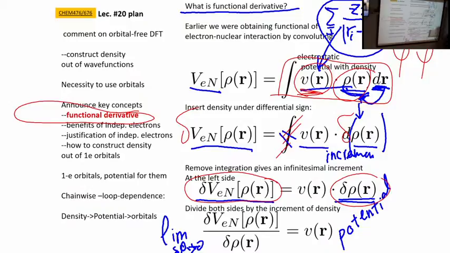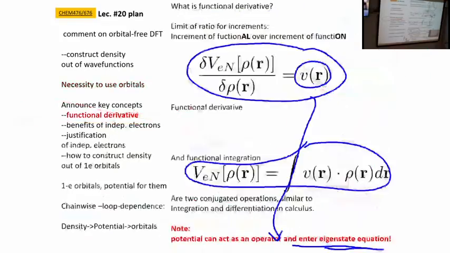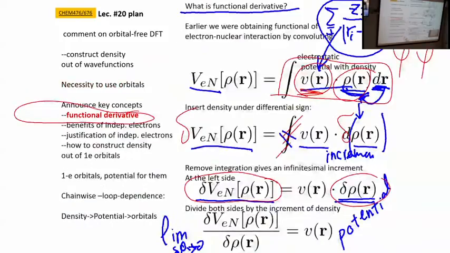Now, let's do a little thing as we do when we practice calculus.